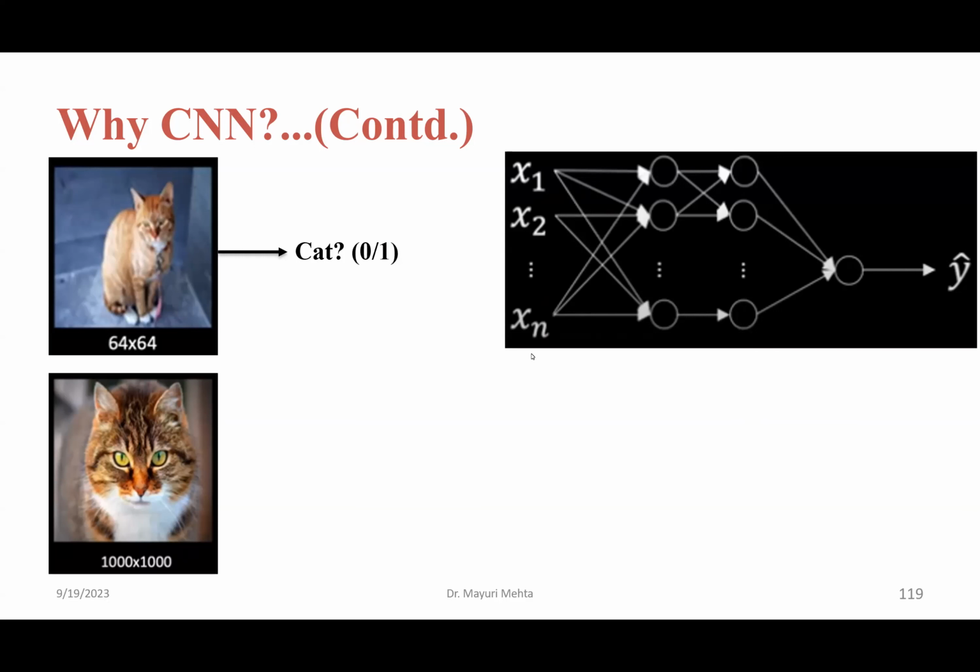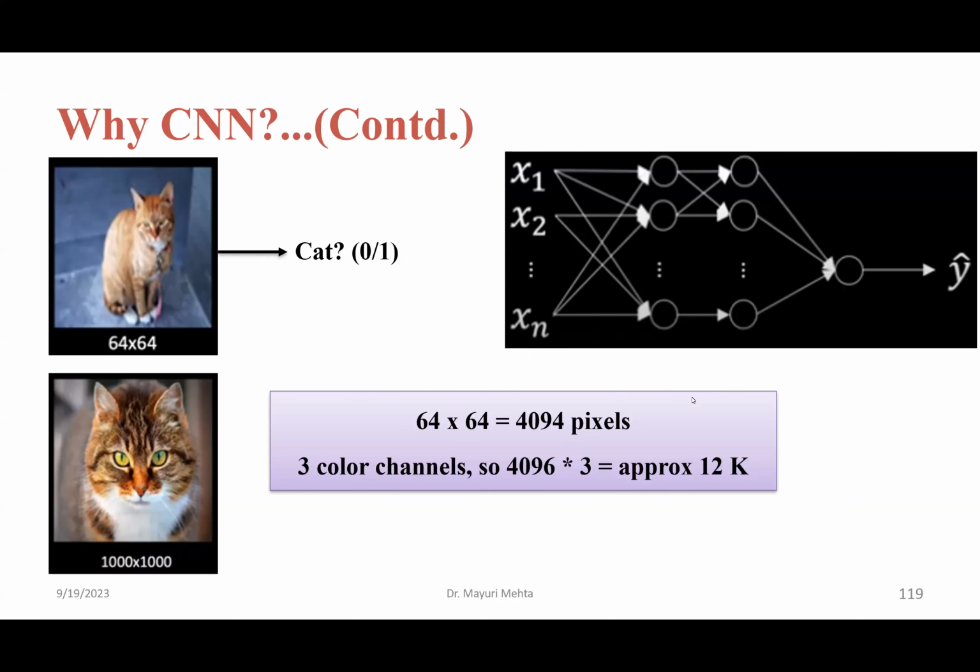So we have x1 to xn input elements for the input layer. If it is a 64 cross 64 image, I'm very sorry, 64 cross 64 is 4096 pixels, with 3 color channels: red, green and blue.